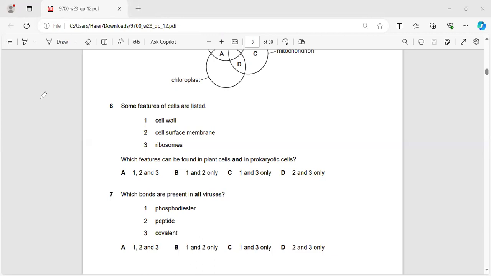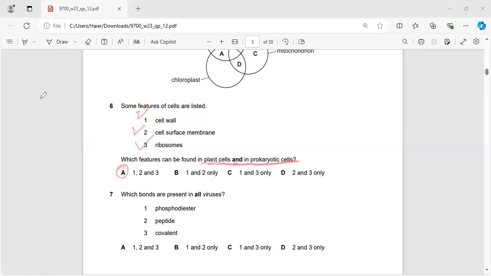Which features can be found in plant cells and in prokaryotic cells? Cell wall is present, cell surface membrane is also present, and ribosomes are also present. So in this way, we can say A is the correct option.